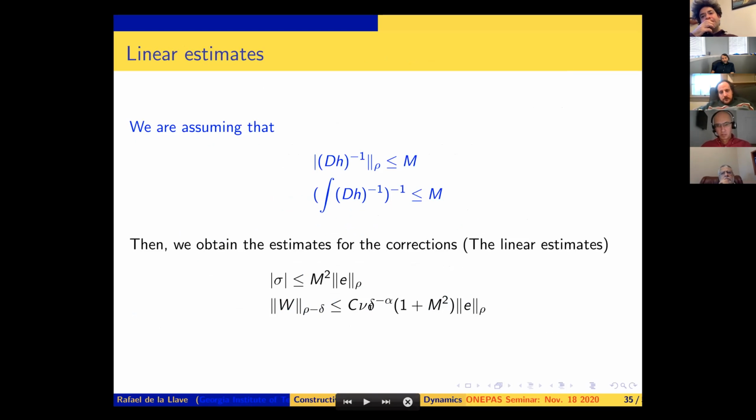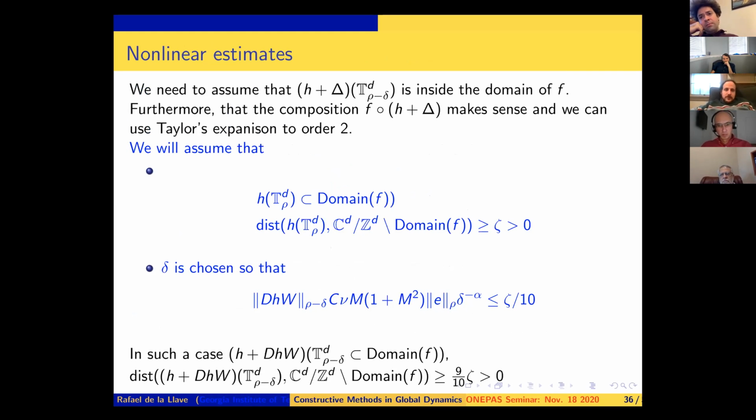The C new to the delta to the minus alpha, and I was putting alpha because it depends. If you want to believe the Rusmann paper, then you can put a tau, but if you believe only the trivial estimates, then you put the C to the minus tau and the tau plus the D, etc. And now the nonlinear estimates are more complicated, because the difficult thing is that you need to ensure that f of h plus delta makes sense, and that you can use the Taylor expansion to order 2.